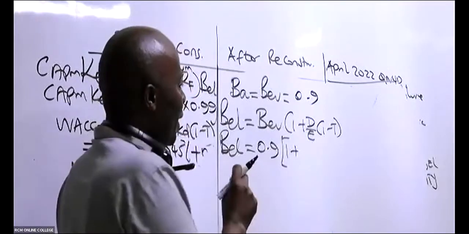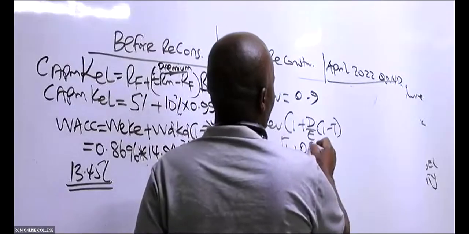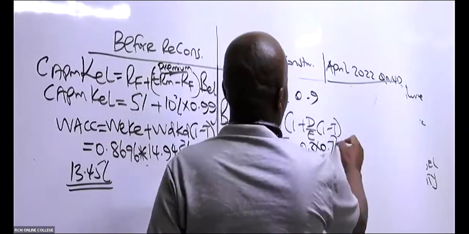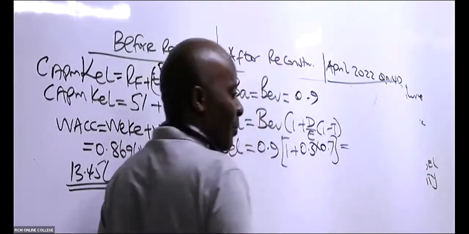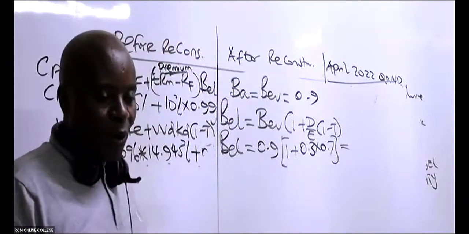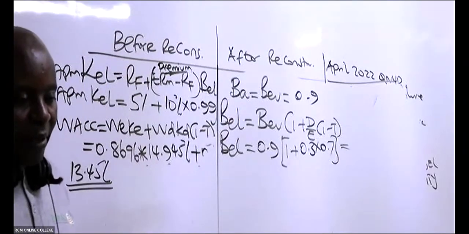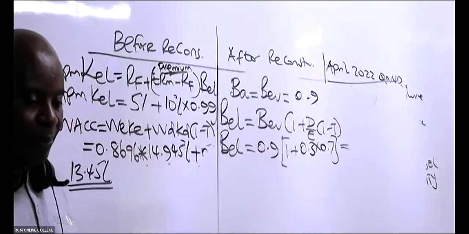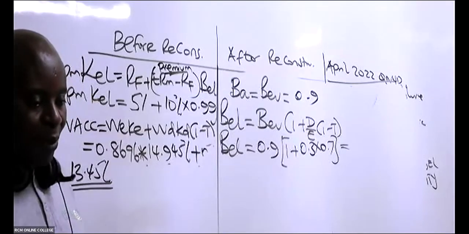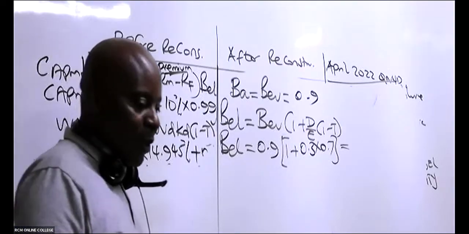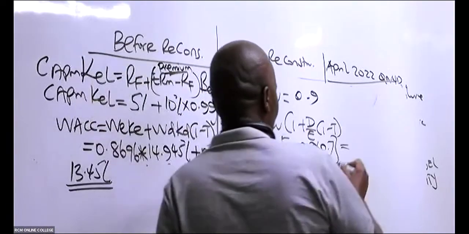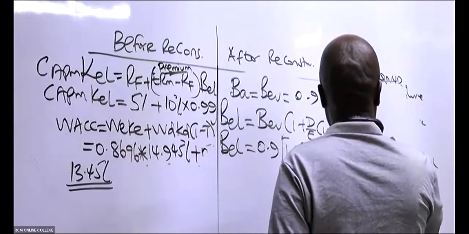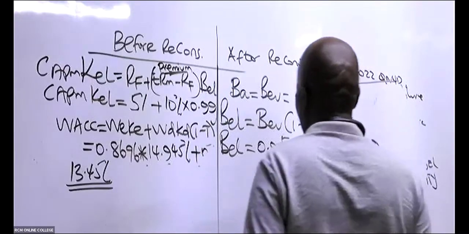So debt to equity is 0.3 multiplied by 0.7. Is there anybody who is able to give us this beta equity of a levered firm? 1.089.